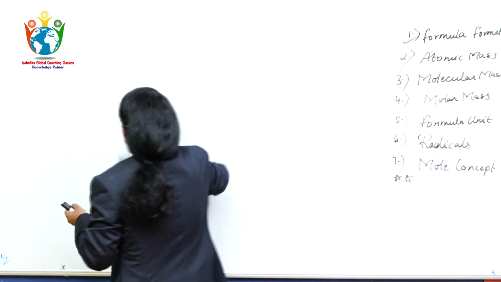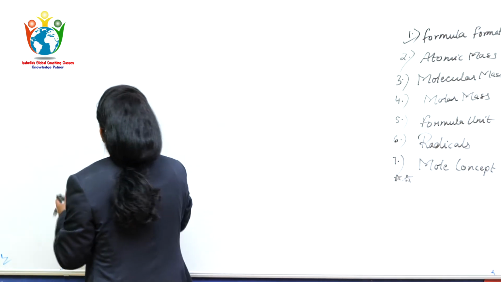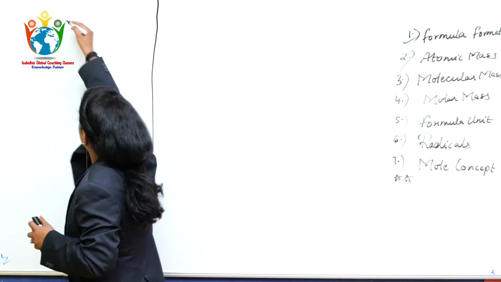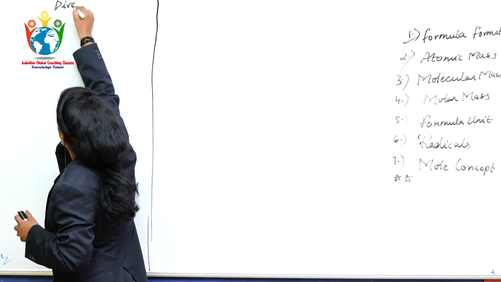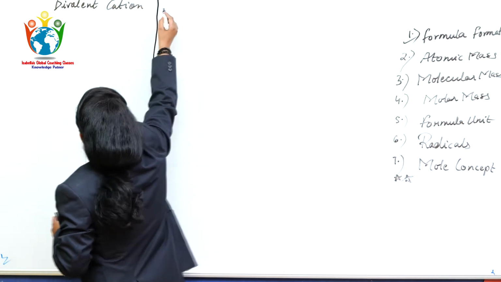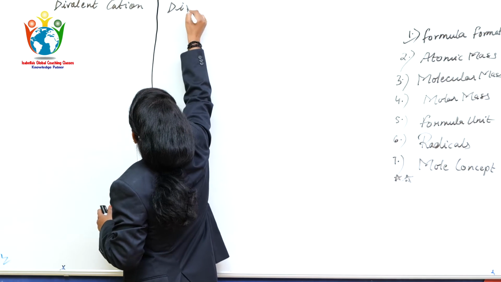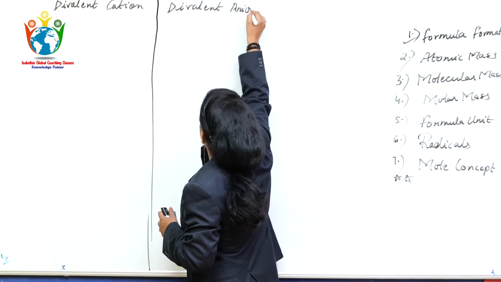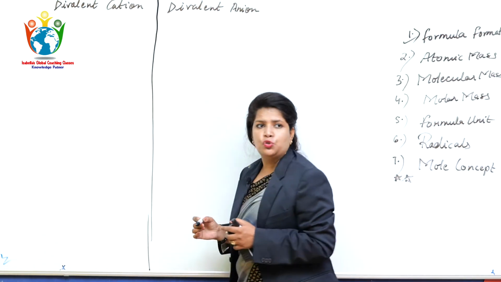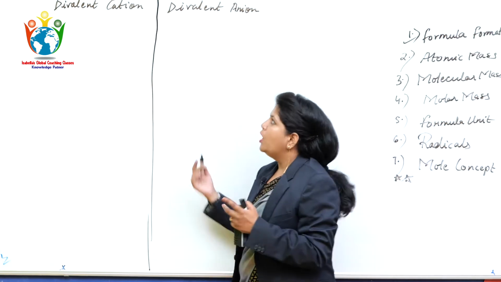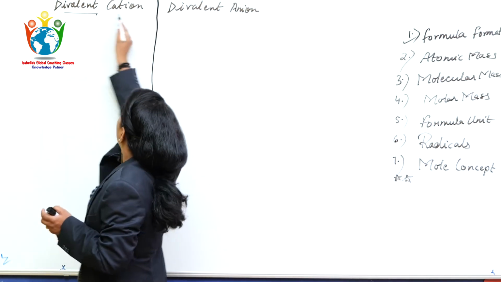Okay, now we are going to go with the divalent cations and divalent anions. See, in maths also, di means 2, or you can say bivalent. Bi means 2 or di means 2. I write divalent.